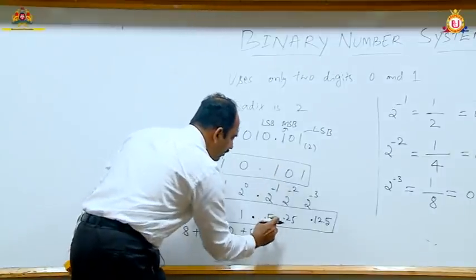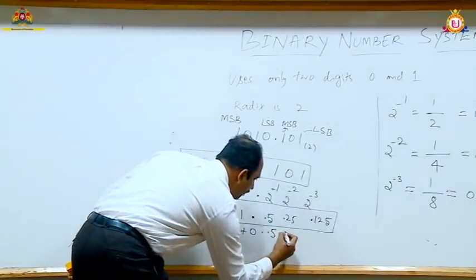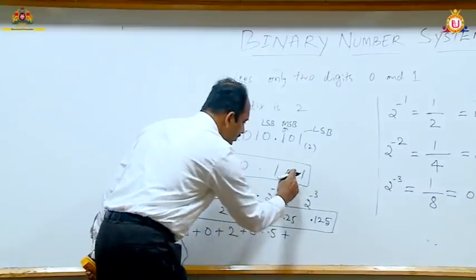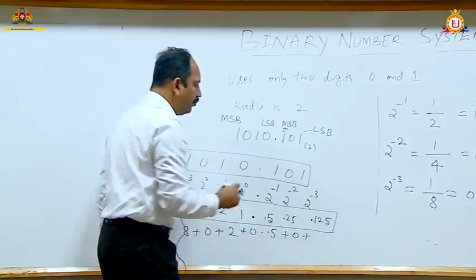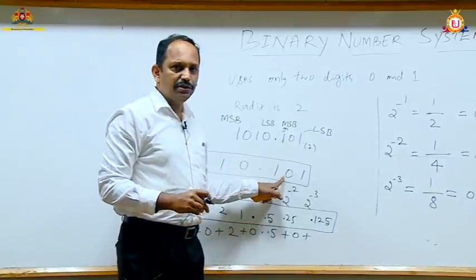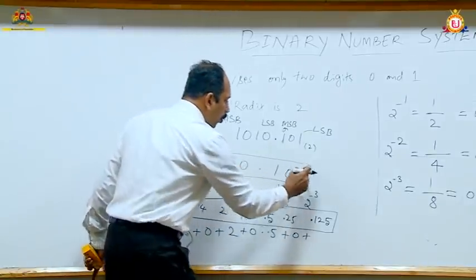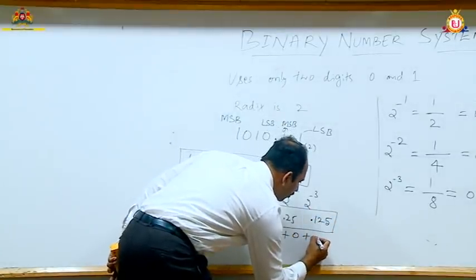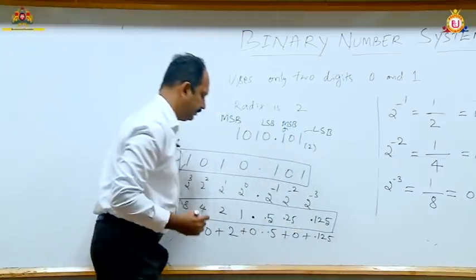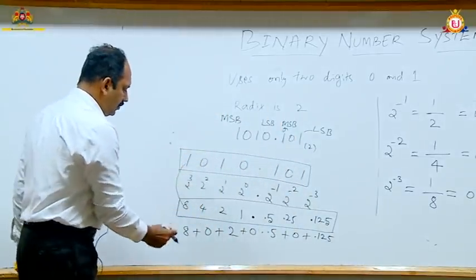Then 1 times 0.5 is 0.5, plus 0 times 0.25 is 0, because any number multiplied by 0 is always 0. 1 times 0.125 is 0.125.